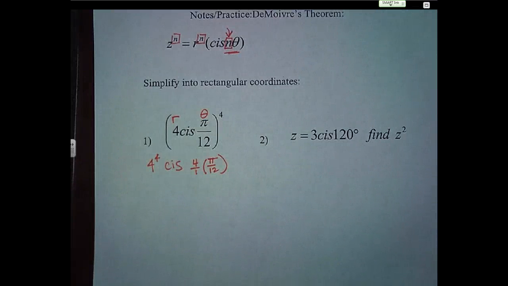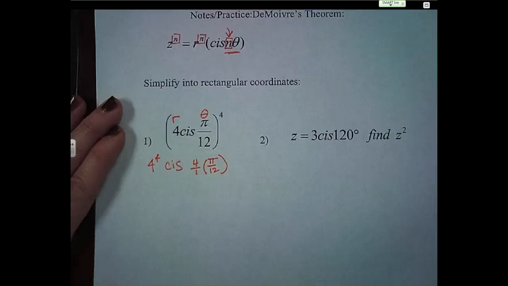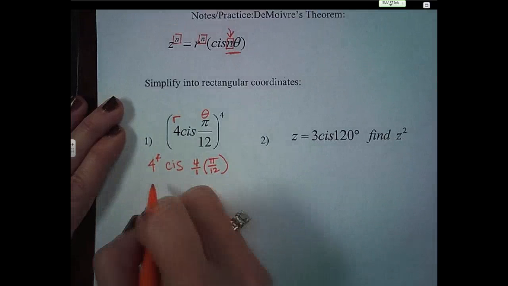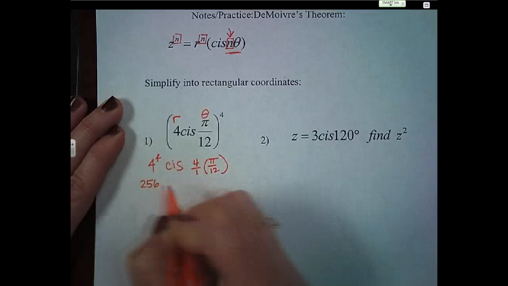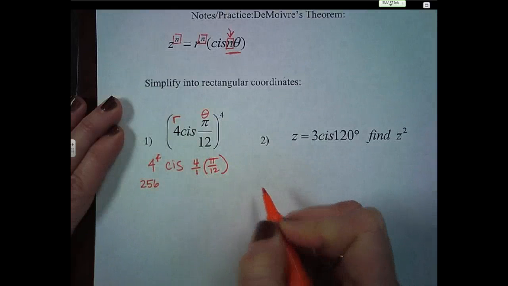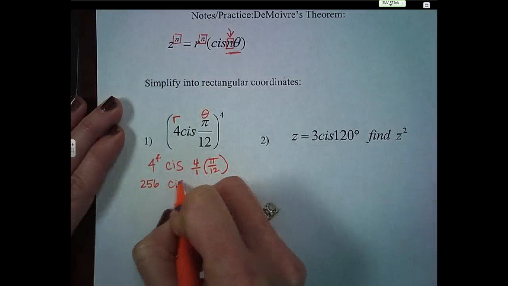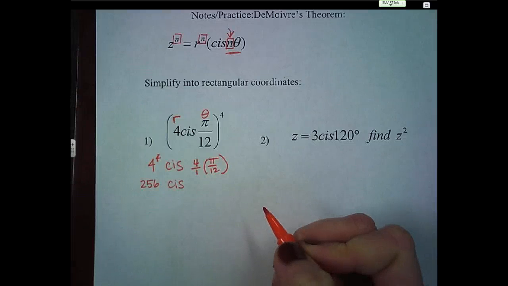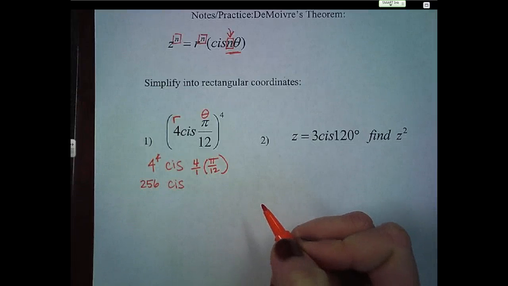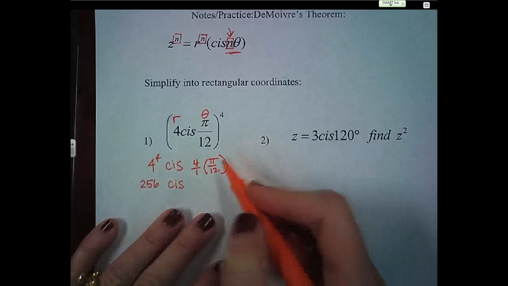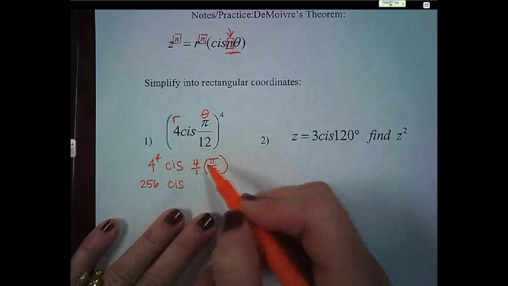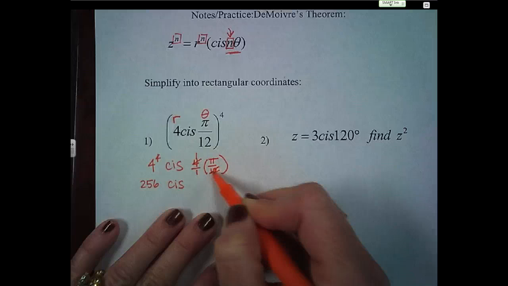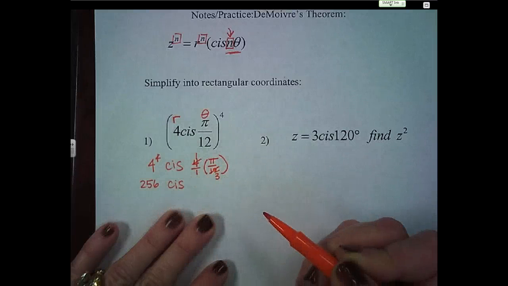In your calculator, do me a favor. Find 4 to the 4th power. You should get 256. So there's your 256. CIS means cosine and sine. And then to simplify the angle, the 4 becomes a 1 and the 12 becomes a 3, and then you can just multiply straight across.